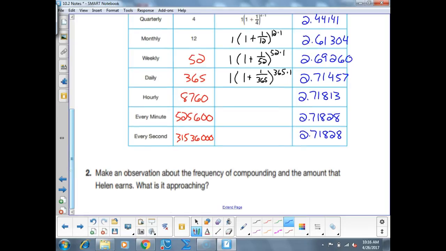Spitballing here, going off the cuff, if I was the banker and you were Helen, and I compounded your money every half of a second, what do you think the number would be?